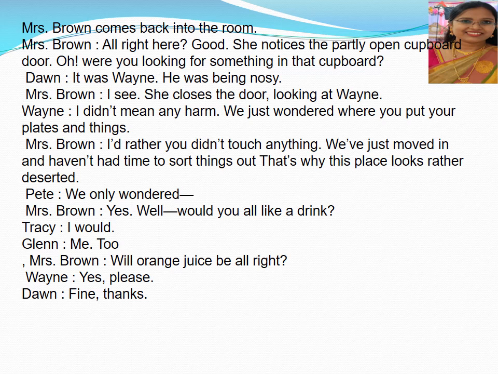We just wondered where you put your plates and things, Mrs. Brown. Mrs. Brown: I would rather you didn't touch anything. We have just moved in and haven't had time to sort things out. That's why this place looks rather deserted. Patty: We only wondered, Mrs. Brown. Mrs. Brown: Yes, well, would you like a drink, Tracy?